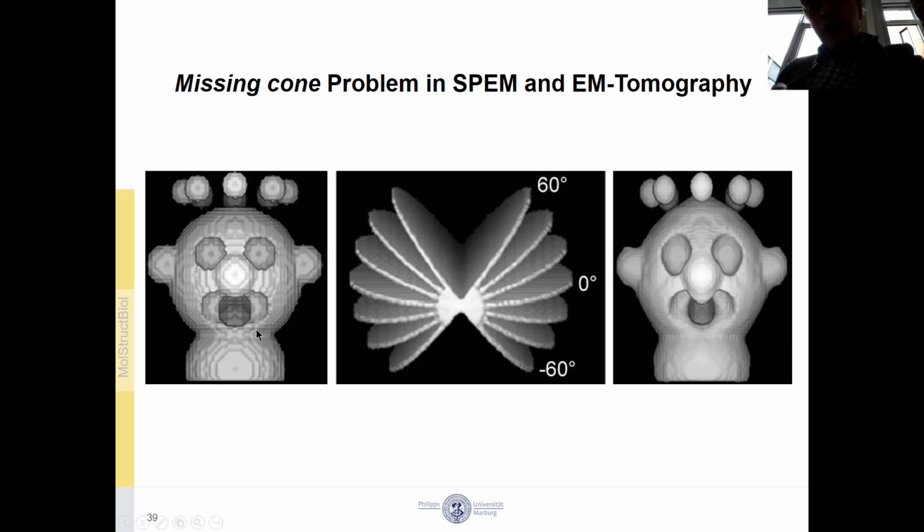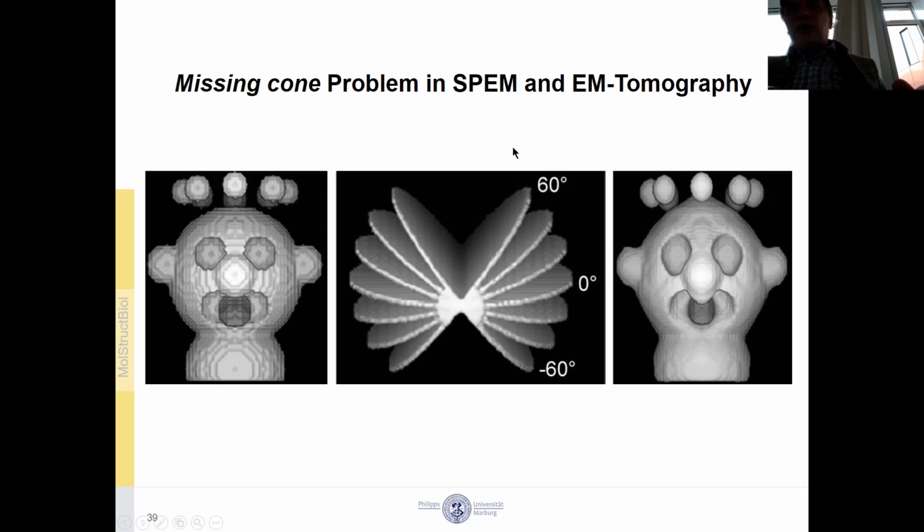Look at this one here. That is your image, that is your object. You do now, let's say, single particle analysis of this strange object. It looks like me falling from the tree. So you collect a few thousand of these particles, which look like that. But this particle likes not to adopt all kinds of orientations.